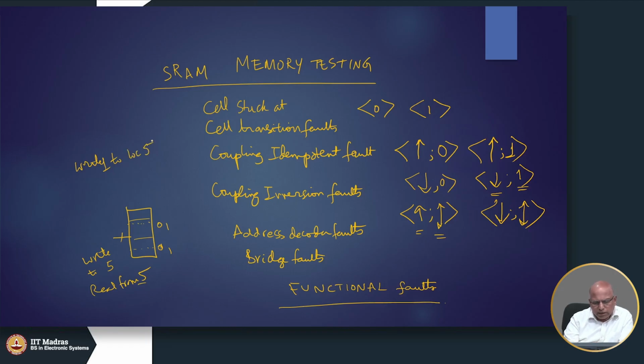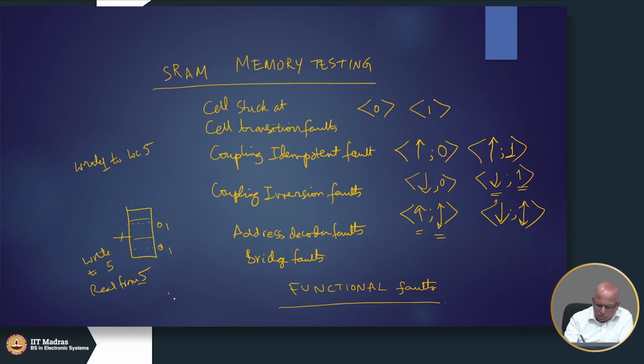Then read everything back to see if anybody else got changed. I am supposed to get the value 1 only from 5, but if I get it from other cells also, that means there is some coupling fault, or it could be an address decoder fault. It may be difficult to identify what the fault is. We cannot diagnose.